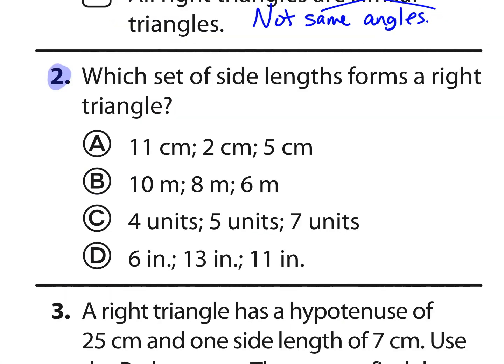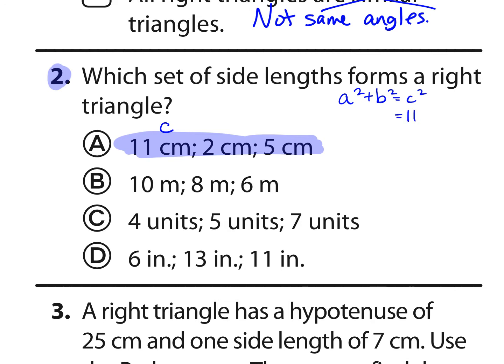Number 2, which set of side lengths forms a right triangle? Well, we test these by plugging them into a squared plus b squared equals c squared. So I'm going to take this first problem and we're going to plug it in. Remember, which side has to always be C is the longest side.